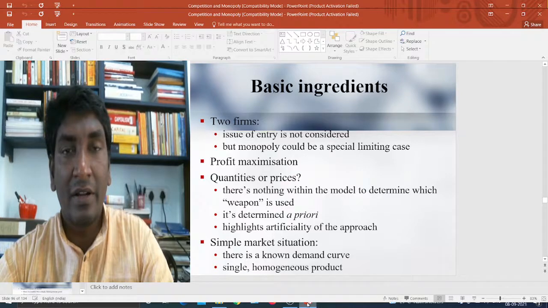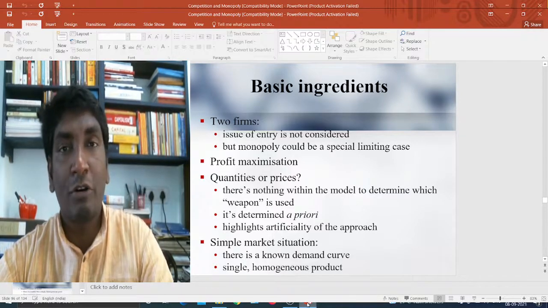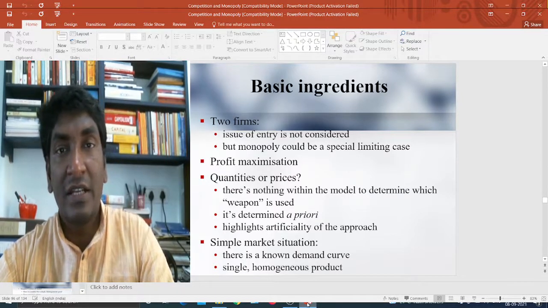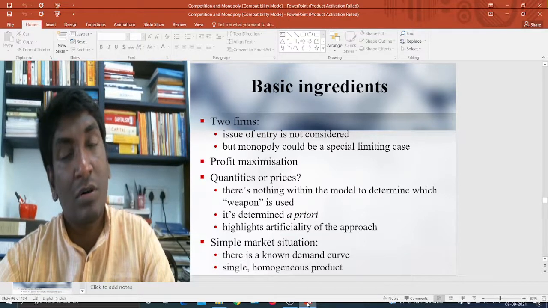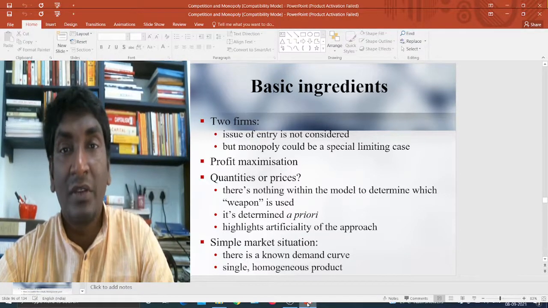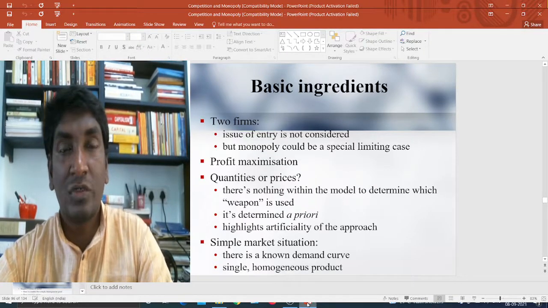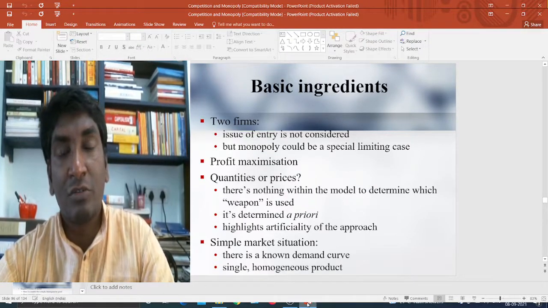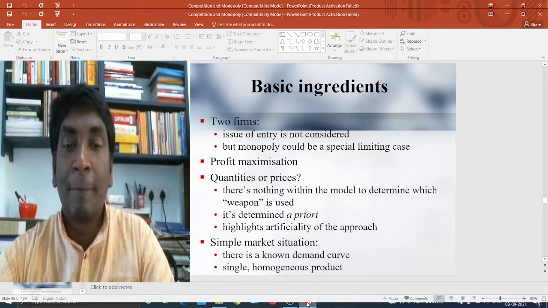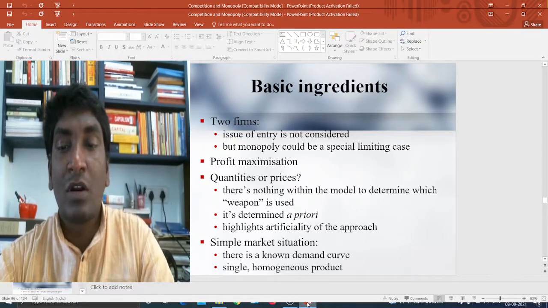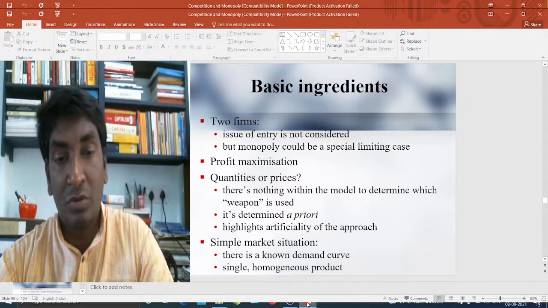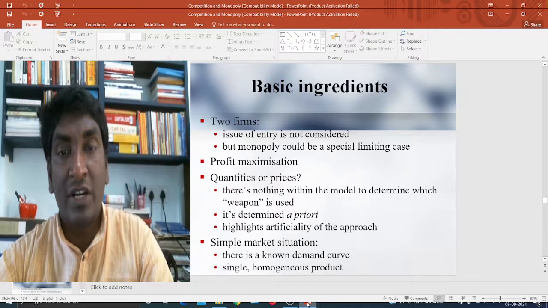When you speak about a duopoly, the sellers have either control of price or control of quantity. So the quantity model is there, and corresponding to that, you have a price model also. There is nothing in the model to determine which weapon will be used, so it is determined a priori.